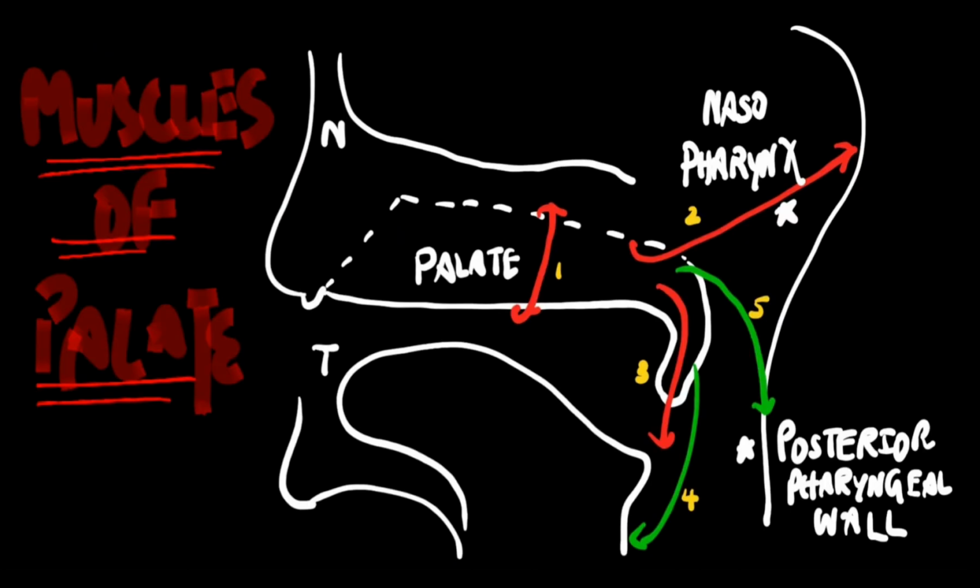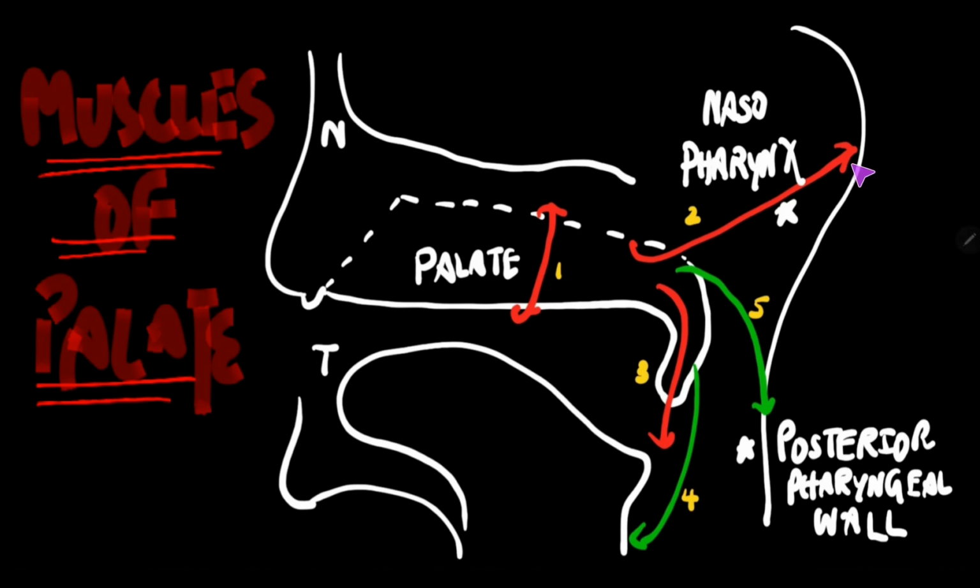Next, coming to muscles of the palate. To easily remember the muscles of the palate, this diagram is put up. Whenever we think of a muscle, it has a belly and a tendon, but here it has formed into a palate, so there should be some muscles arranged in a particular way. One makes the palate tensed up, that is the tensor veli palatini.